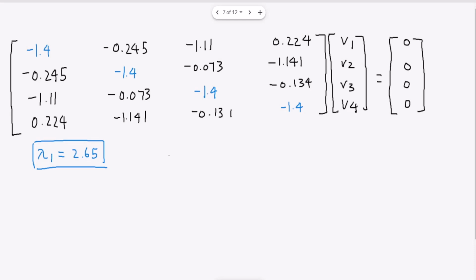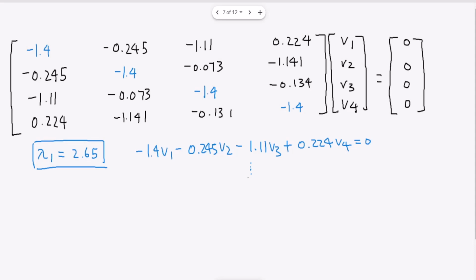We're going to be solving for something like v1 minus negative 0.45 v2 minus 1.11 v3 plus 0.224 v4 equals 0, and so on. So we have 4 equations and 4 unknowns, and you're going to be solving for that.